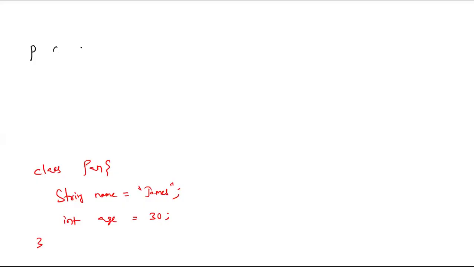Take one more class, say Test is the class name, and inside this Test class, public static void main method with a String array args, then the main method opening and closing body.